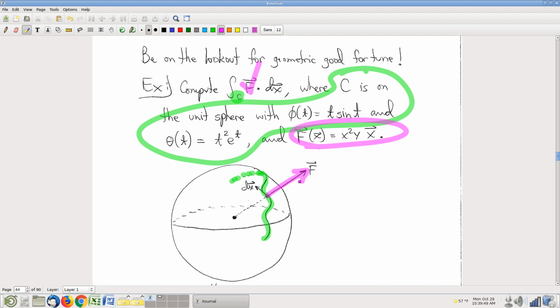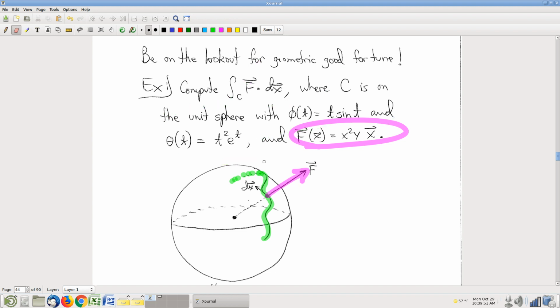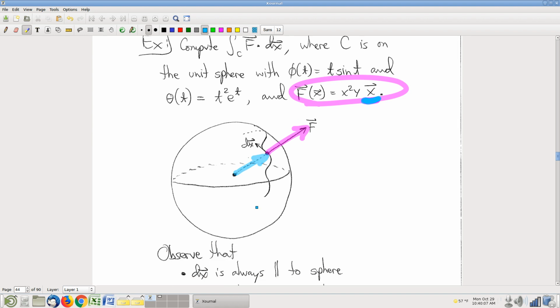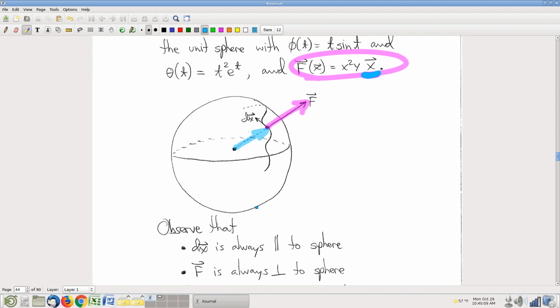The key observation is that this vector field is always a scalar multiple of the position vector. It's always a multiple of the position vector x. That means that the vector field is always perpendicular to the sphere. All right, so think that through.